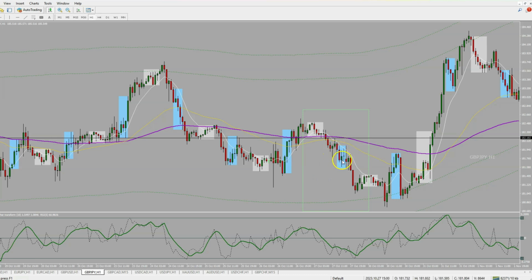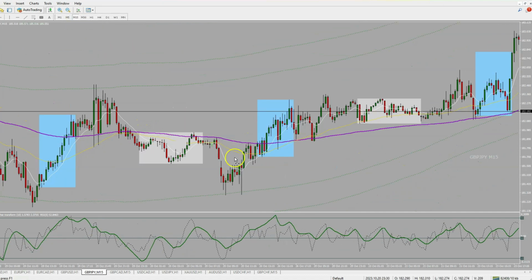But then we get a third push down before an additional retrace. That's okay in this situation because the trade is still going to be valid because the entry still happens within my trading hours in the New York session, even though it's on a fourth push. So let me go to the 15-minute time frame.